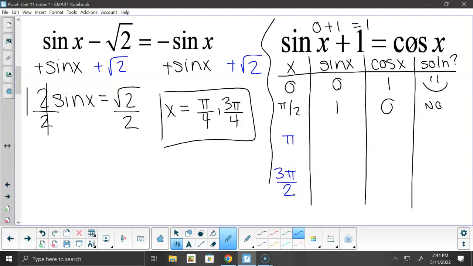So you're just going to fill in those last two rows. All right, chat it over with a neighbor. Let's see what we got.